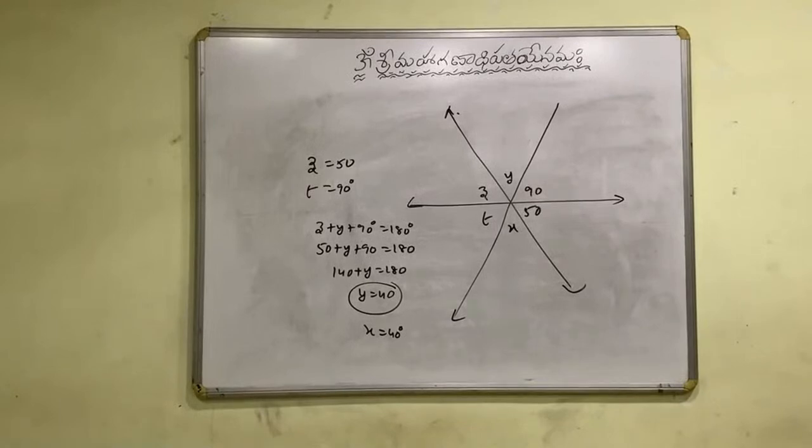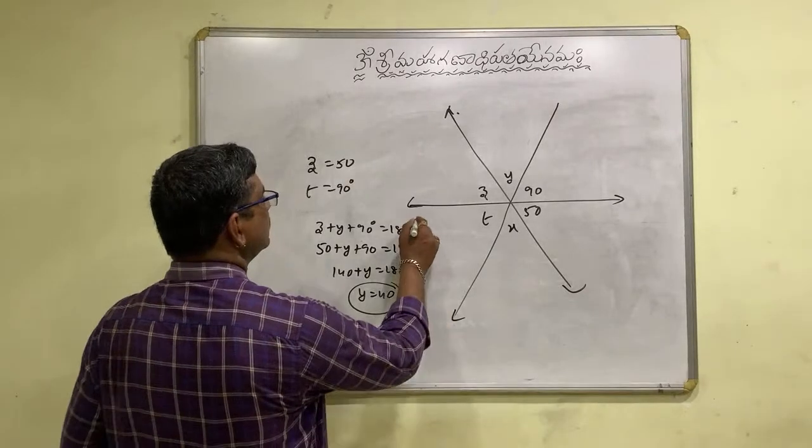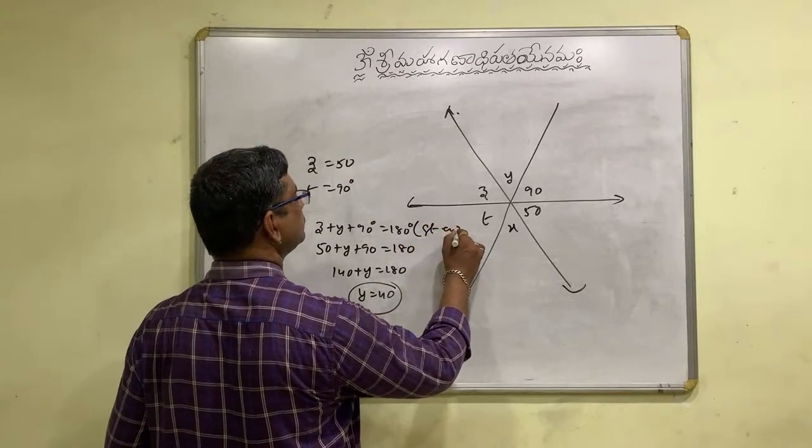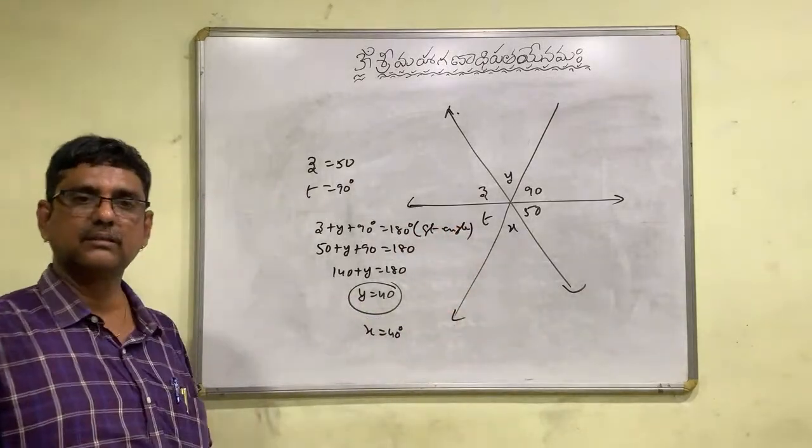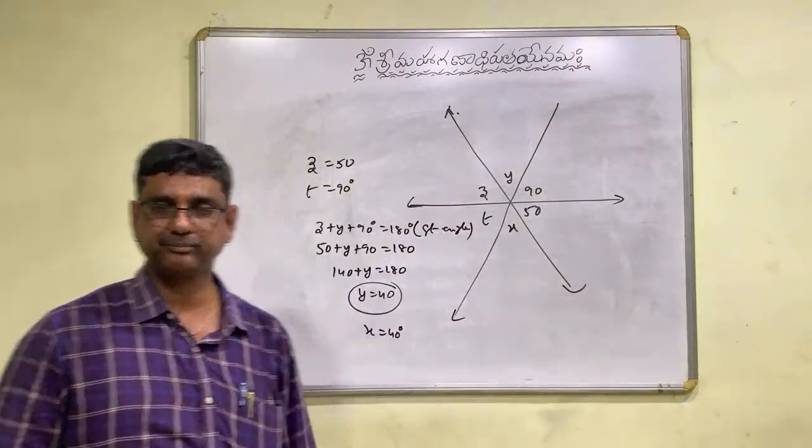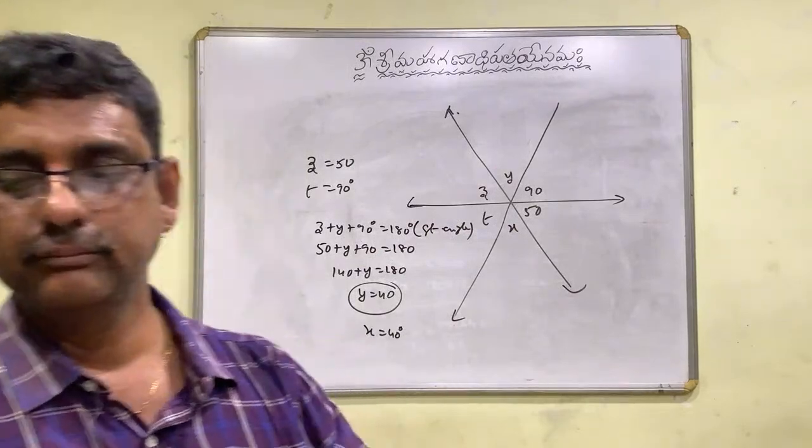If Y is 40, X is also 40, vertically opposite angles. You need to write the reasons. Z is equal to 50, vertically opposite. T is 90, vertically opposite. And here you need to write the reason: straight angle. Straight angle is written here. Okay? Okay, good.